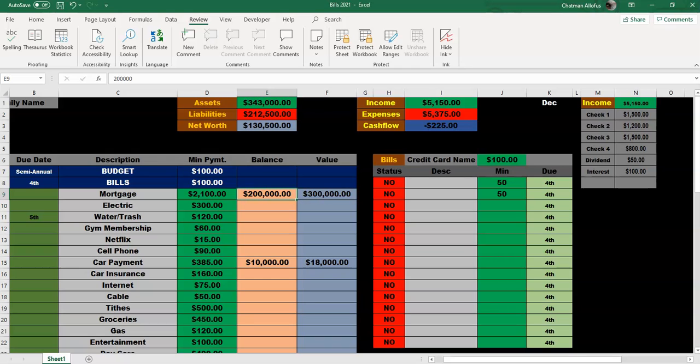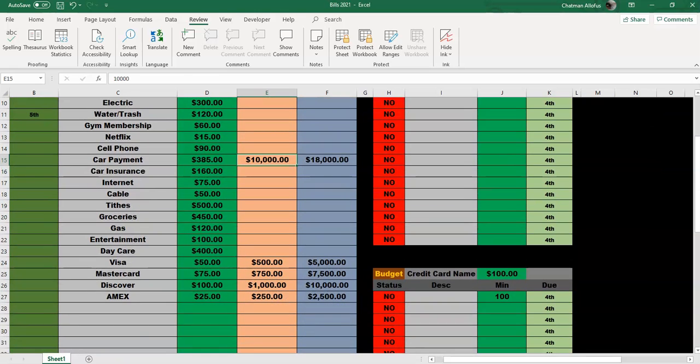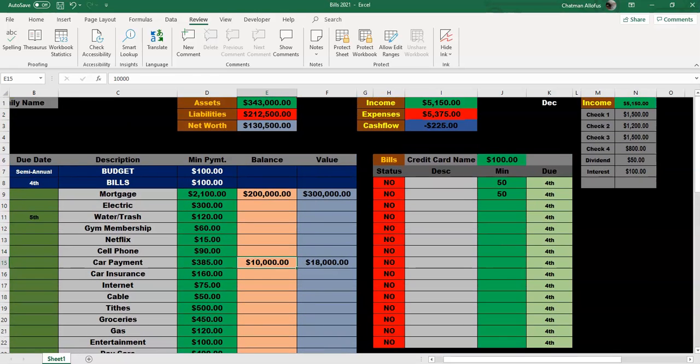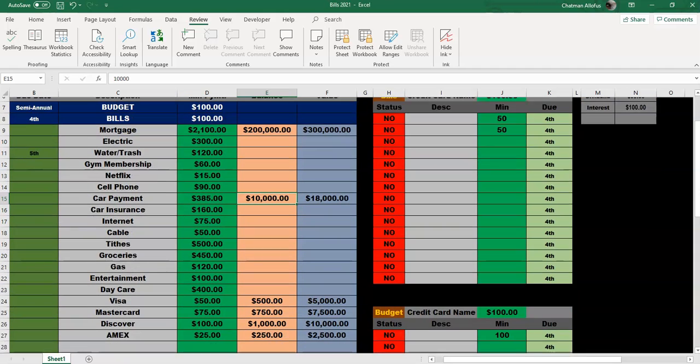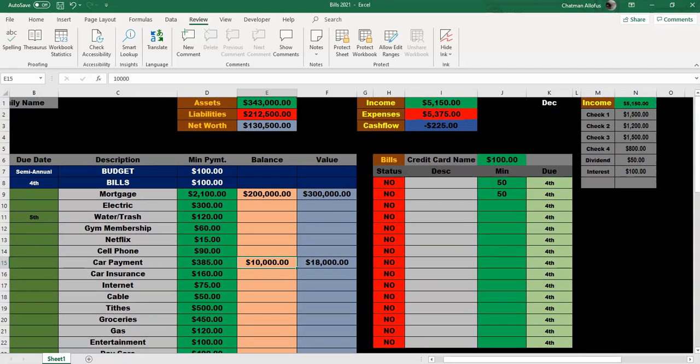You can enter that. And then same with car, and then we have some credit cards here. Once you have this list completely done, once you mark down every possible thing you can think of, literally look at your statement because it can help you out quite a bit.